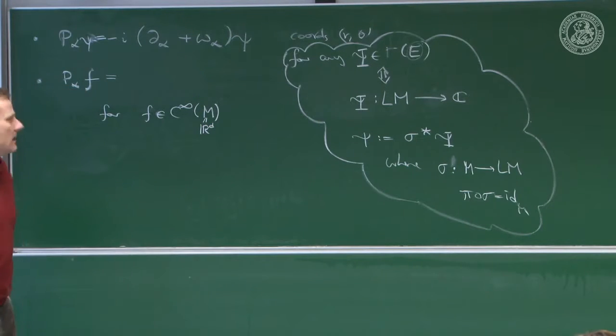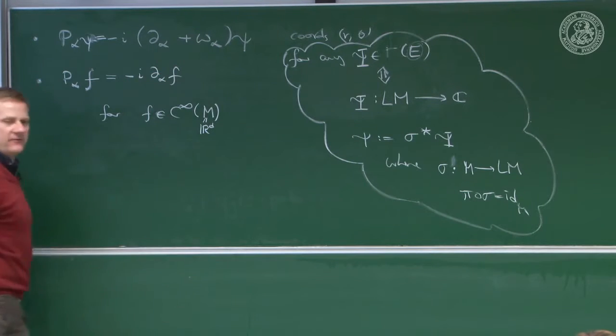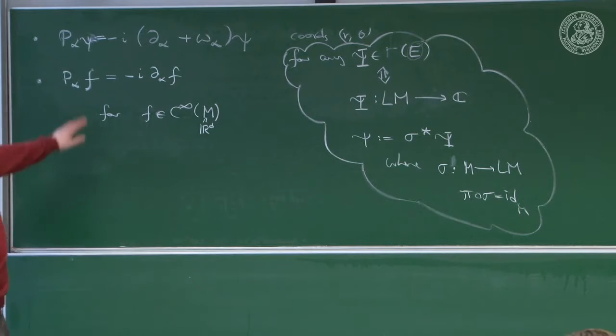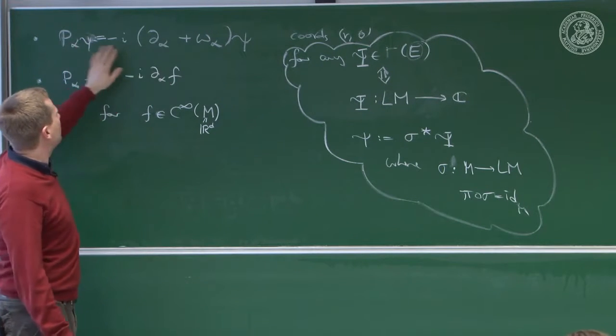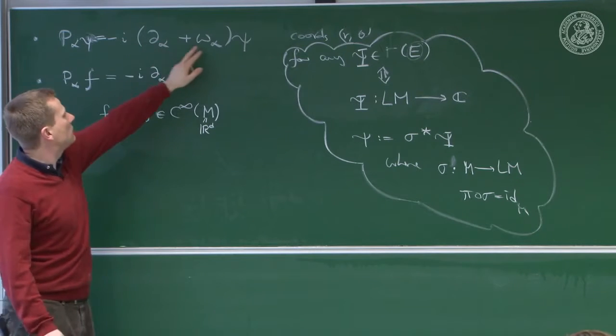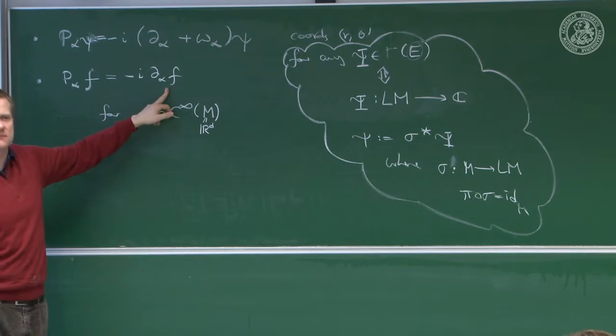Well, in that case, it's just minus i del alpha f, right? Because only on sections of a bundle does the covariant derivative act with an extra term. On functions, it still acts like this.